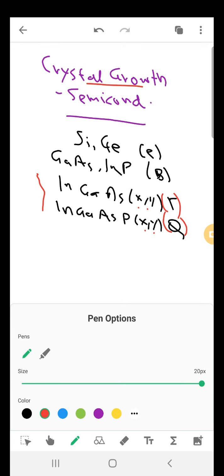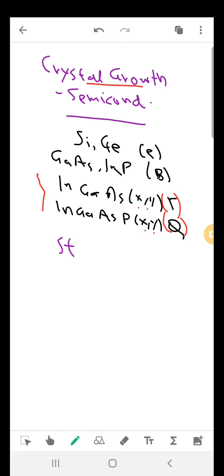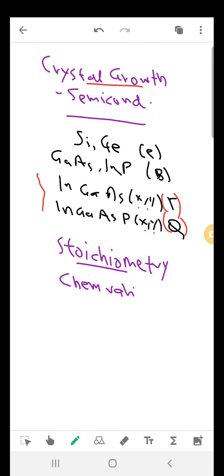If you look at this word stoichiometry, it is actually the correct chemical ratio of the compound's constituent elements in the compound.